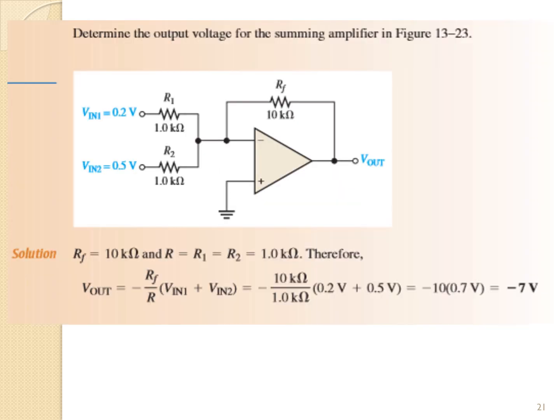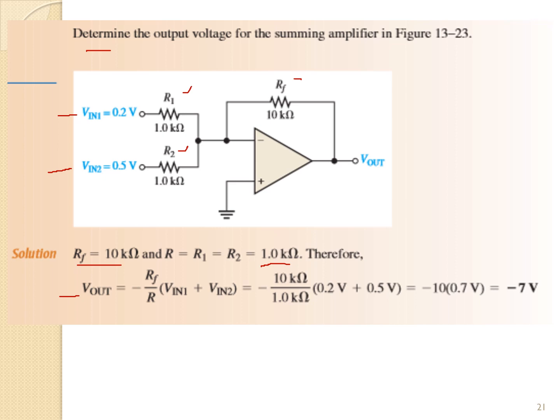Okay, now an example. Determine the output voltage for the summing amplifier in the figure. Given V in 1 is 0.2 volt, V in 2 is equal to 0.5 volt, and R1 and R2 are equal to 1K, while RF is equal to 10K.